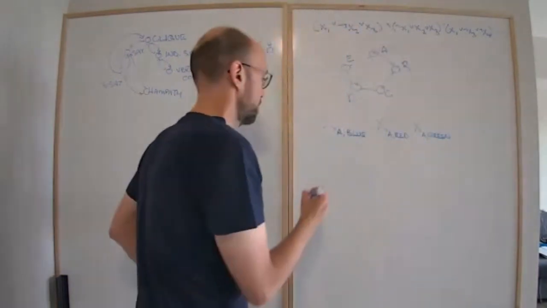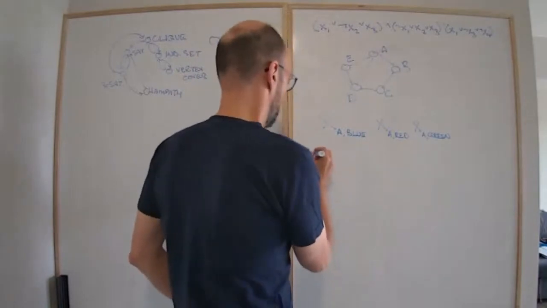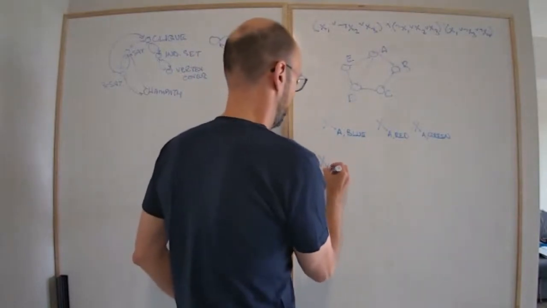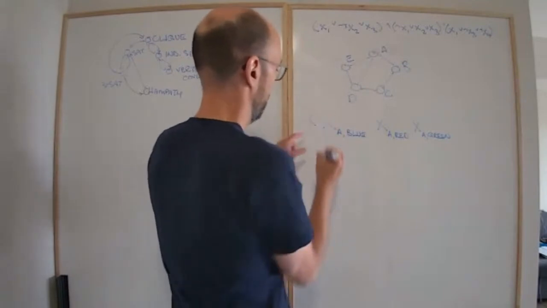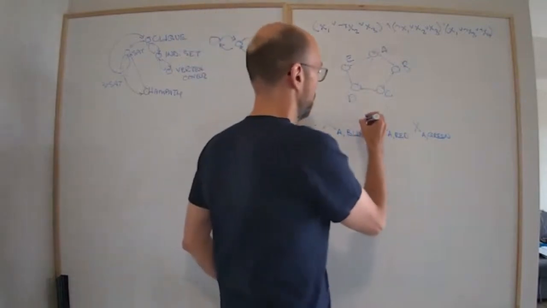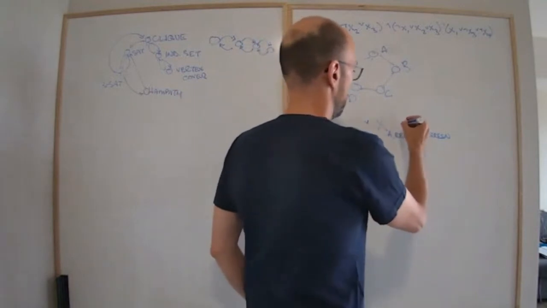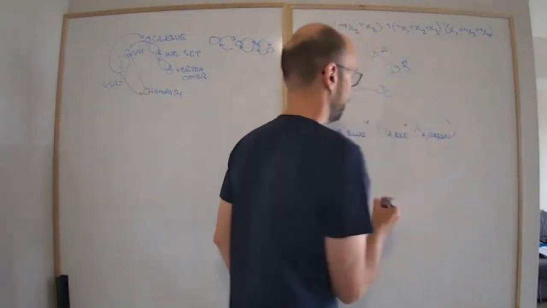You're going to have a clause that says either XA blue or XA red or XA green.